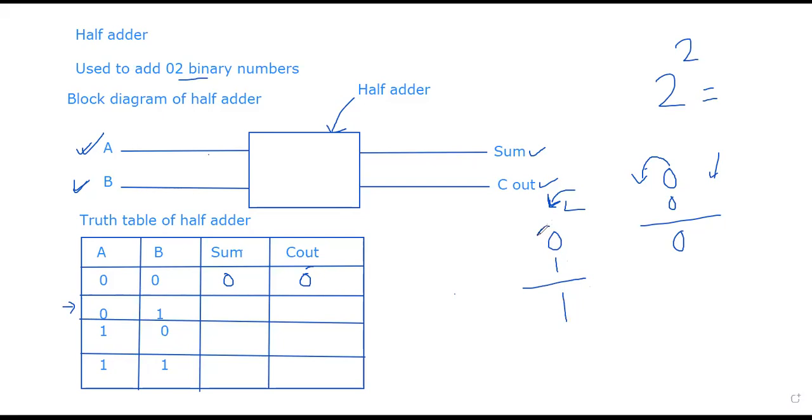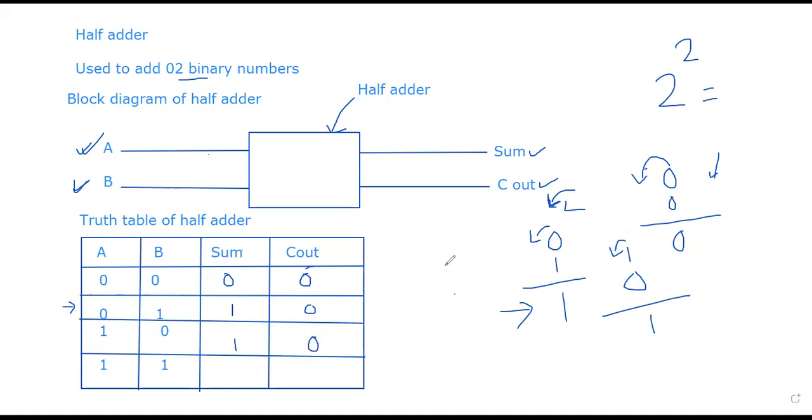Do you have any carry out? No. So it's going to be 0, and the sum is going to be 1. Then here 1, 0, here also it's going to be the same. Once you add 1 and 0, it's going to be 1. Do you have any carry? No. So 0. Same in that scenario.